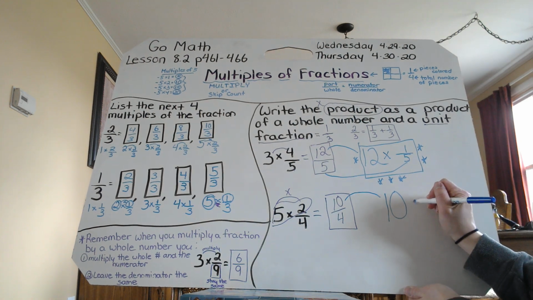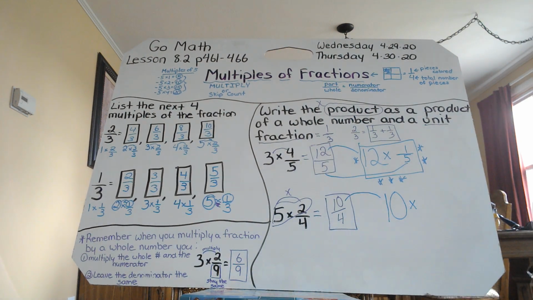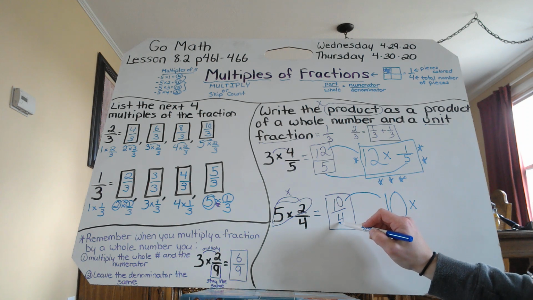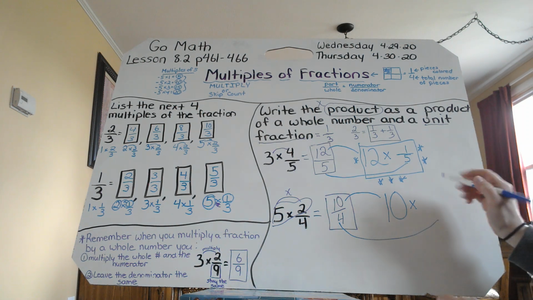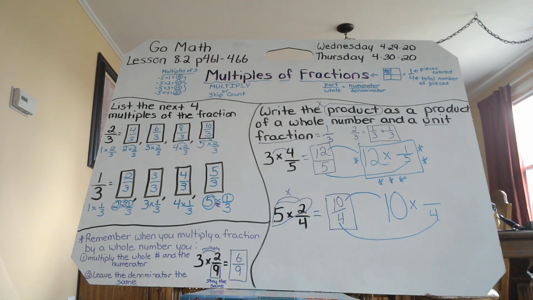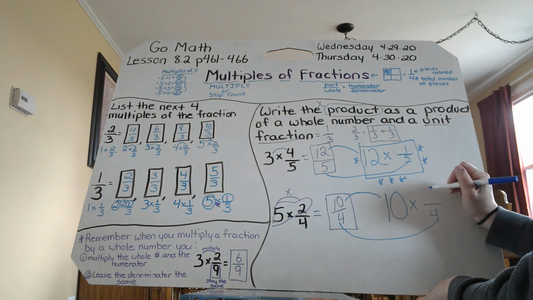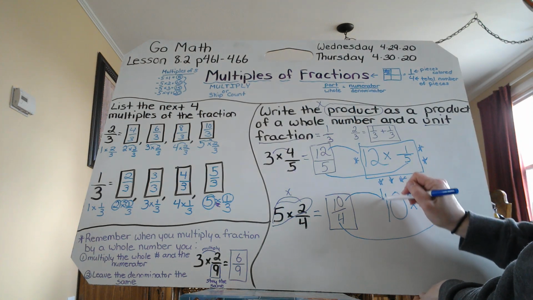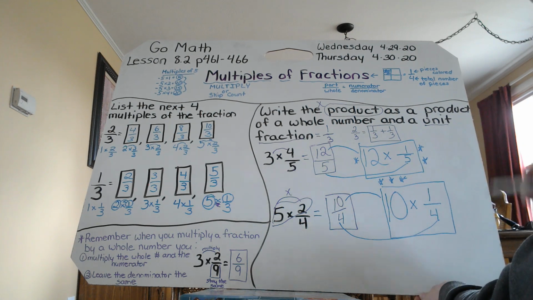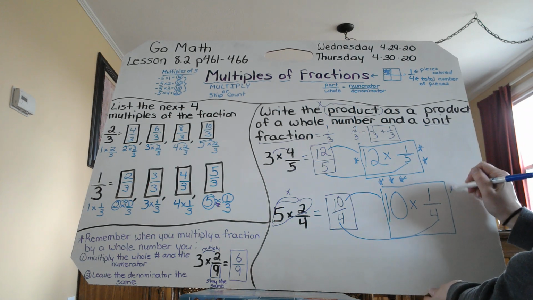I know it's a product, so I need my multiplication sign. And now I take my denominator, I fly it all the way over here. This is my unit fraction. I know my unit fraction needs a numerator of 1, so all I do is put a 1 right there. So this answer would be 10 times 1/4.